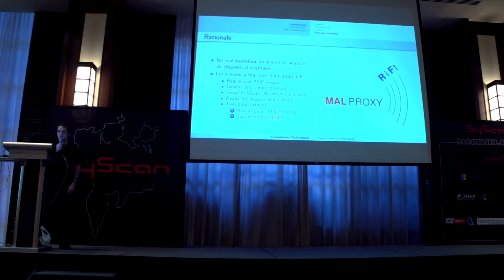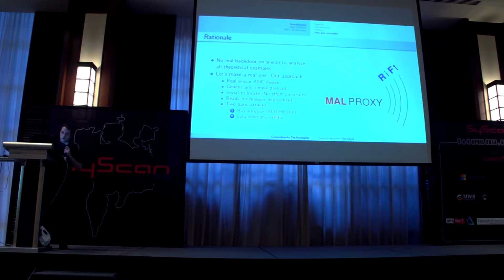I couldn't find any example of a real rootkit or a real backdoor in a real CPU. That's really difficult because you usually don't have the code of a CPU. It's like the crown jewels of Intel and ARM. You can't see the source code of a CPU, so it's very difficult to find a backdoor.